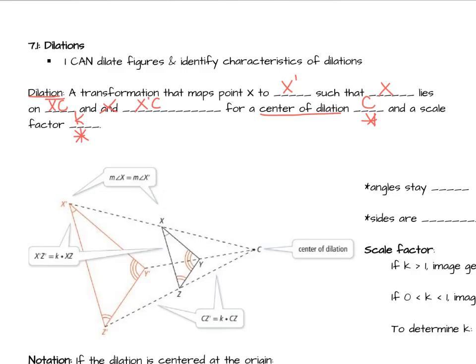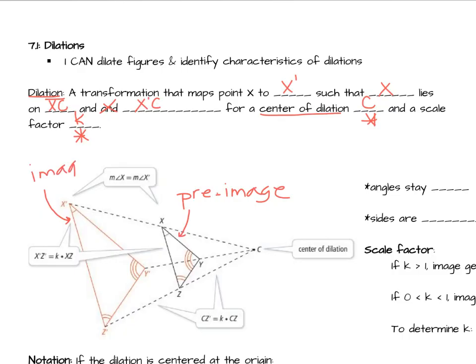Let's take a look at this picture below. Similar to topic 3 when we did transformations, do you remember reflections, rotations, and translations? We had a pre-image and then we had the final image. Looking at the letters for each triangle in this particular picture, the letters that don't have the dashes are the pre-image shape, and the letters that are with the dashes, that's the image triangle.